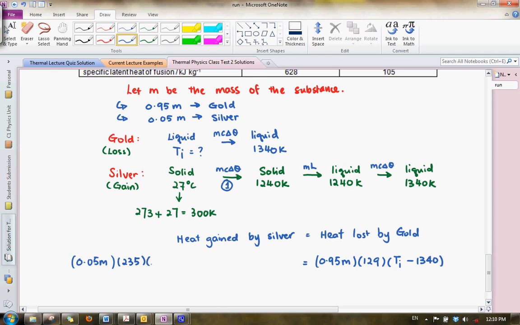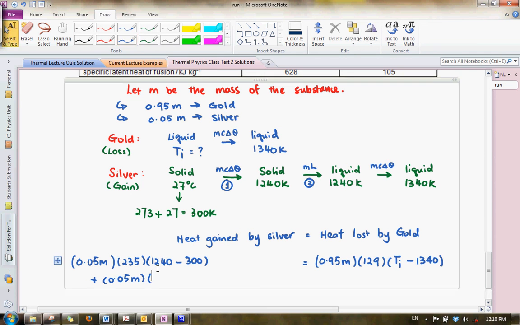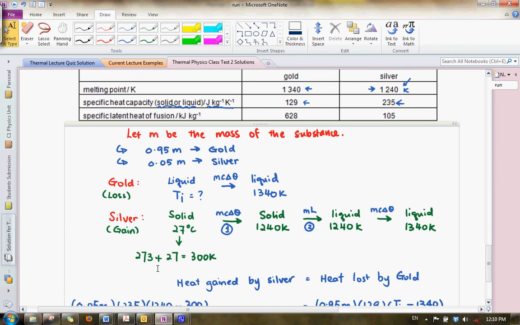And the temperature change is 1240 minus 300. That's for the first stage. In the second stage, it undergoes melting. So it's 0.05 M times L, where the specific latent heat of fusion is 105.